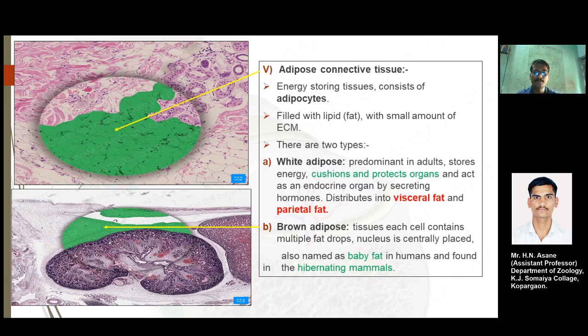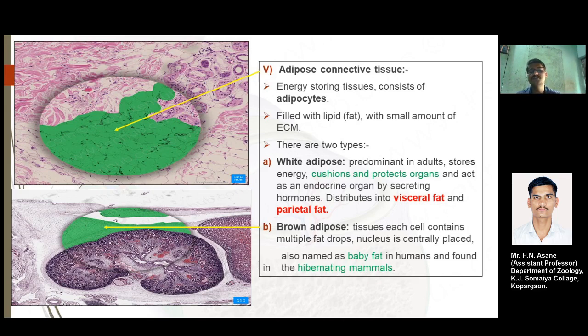The white adipose tissue is predominant in adults, stores energy, provides cushioning and protection to the organs, and acts as an endocrine organ in some parts by secreting some hormones. It is also distributed into two types, the visceral fat and the parietal fat.